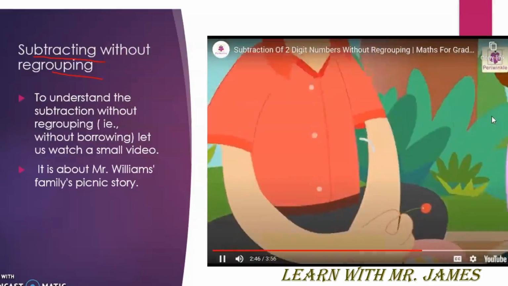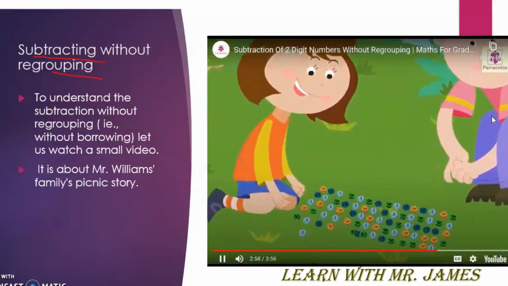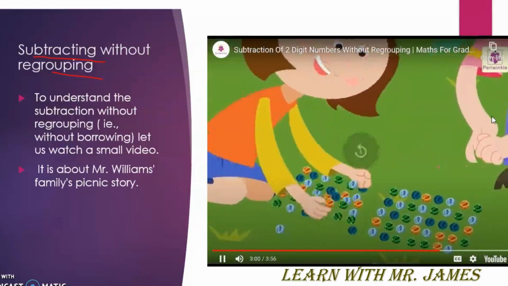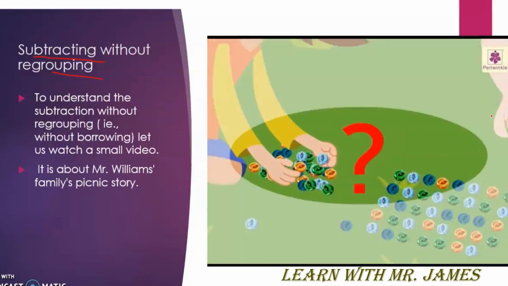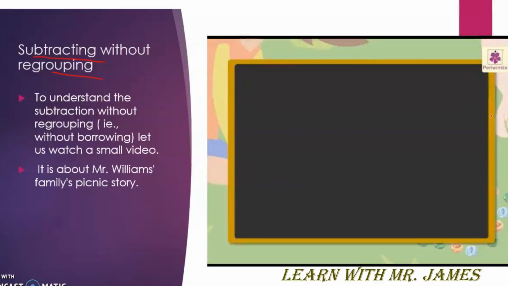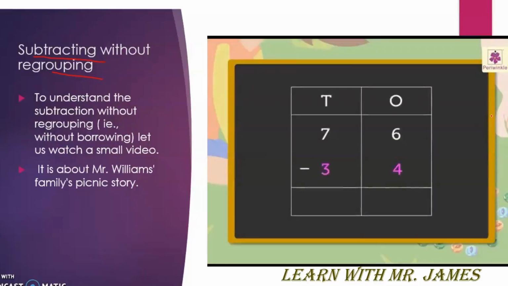Now let's see another example. Nancy takes 34 marbles from Neon, who had 76 marbles. How many marbles are left with Neon now? We have to subtract 34 from 76 to find the answer.